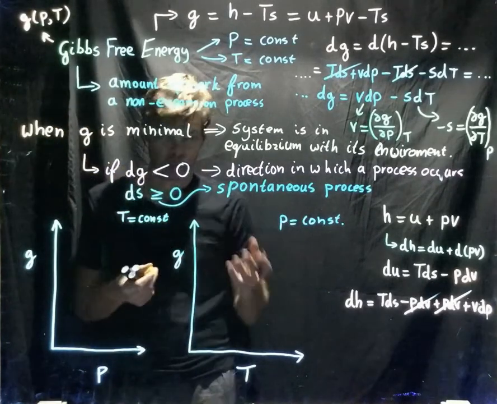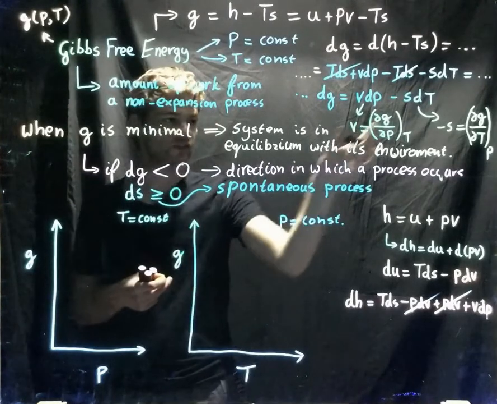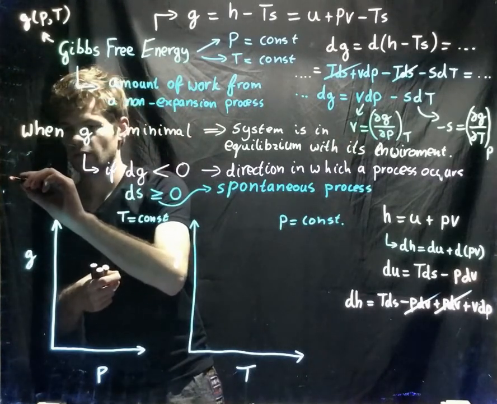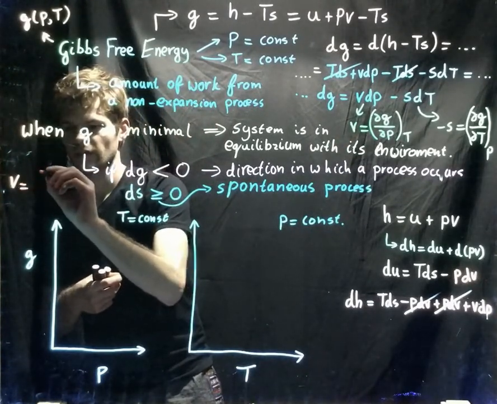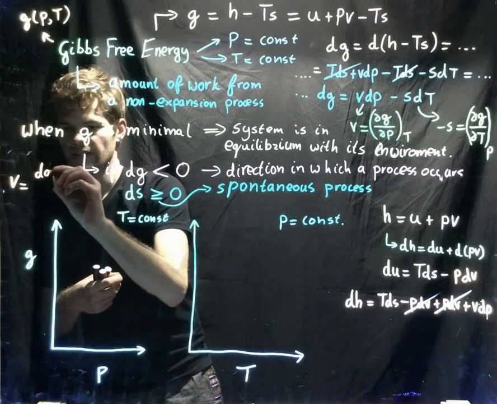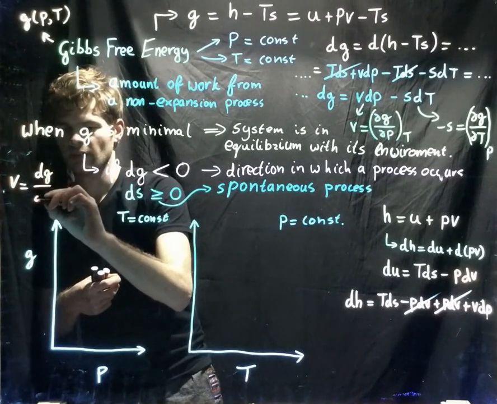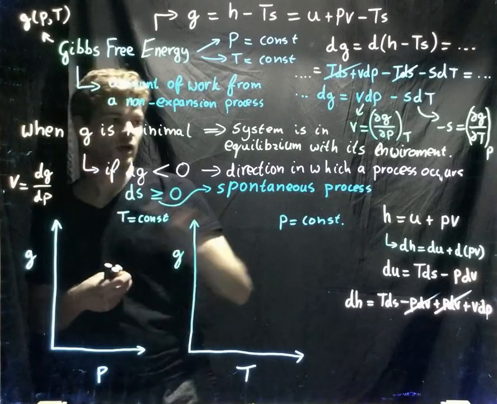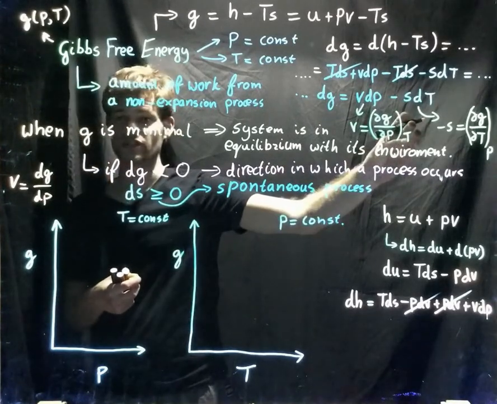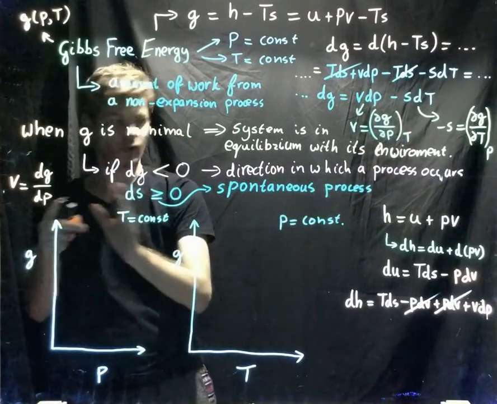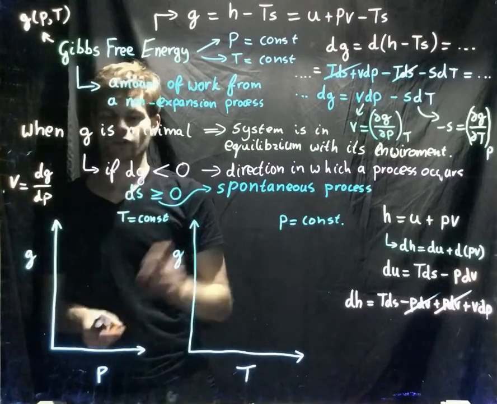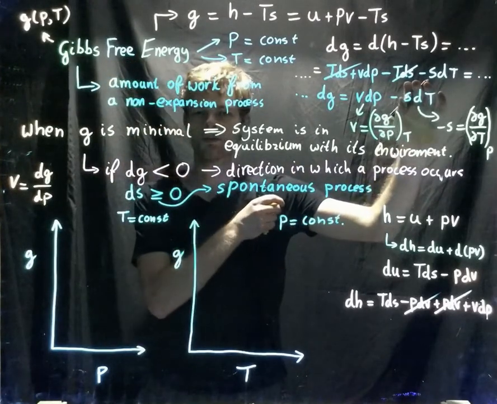To give my diagram any meaning, I'm going to use this equation. The volume is equal to dG divided by dp, and I'm allowed to do this since pressure is assumed constant for now, temperature is assumed constant for now, so I don't need my partial derivative anymore. This will drop out.